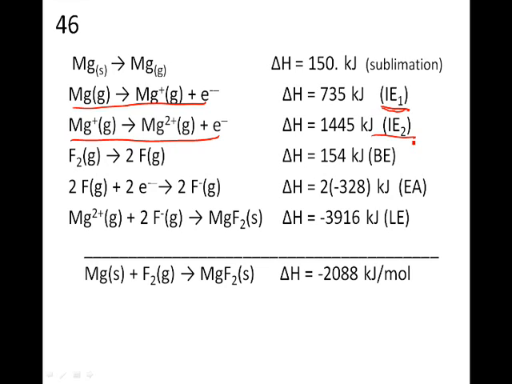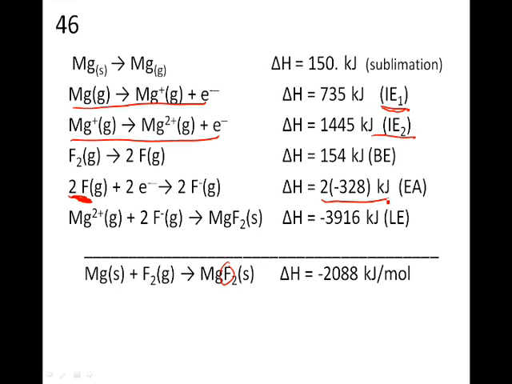Also, we'll notice that we were given the electron affinity of fluorine, and we actually have two of these in our balanced equation. So these two fluorines right here. So we have to multiply that electron affinity of fluorine by 2.